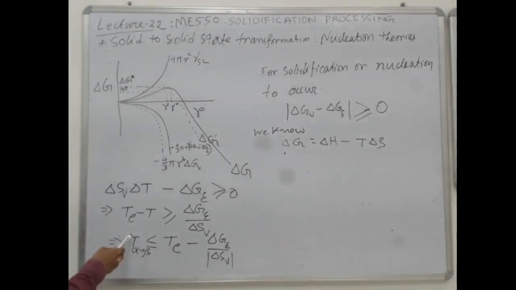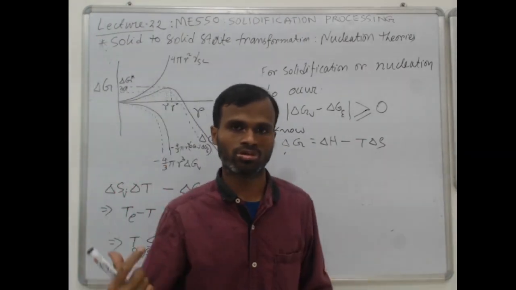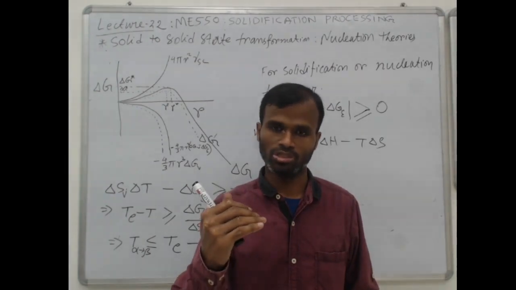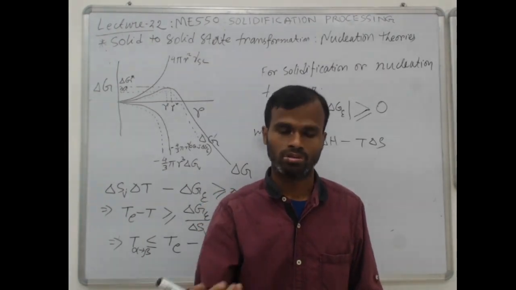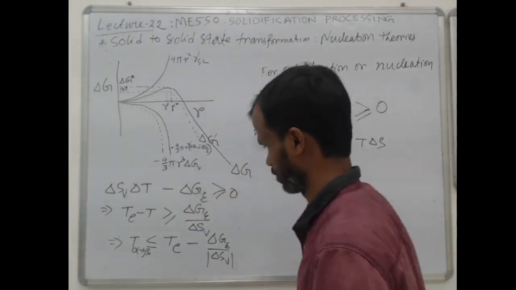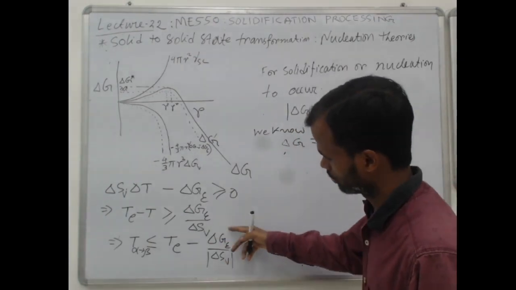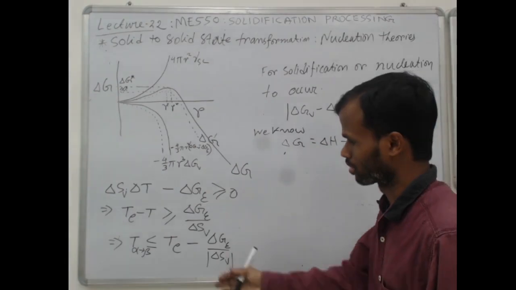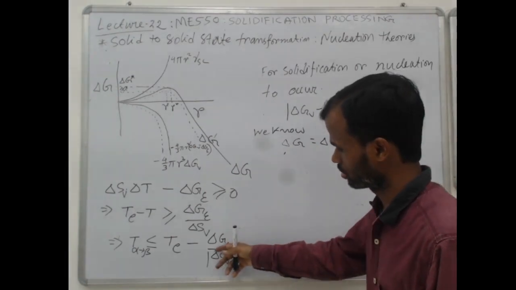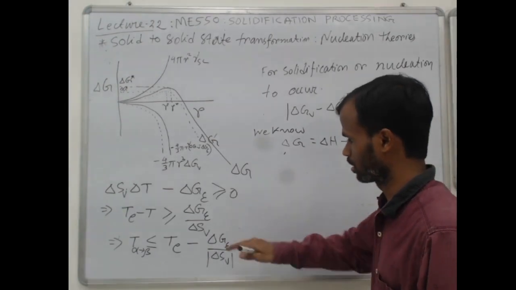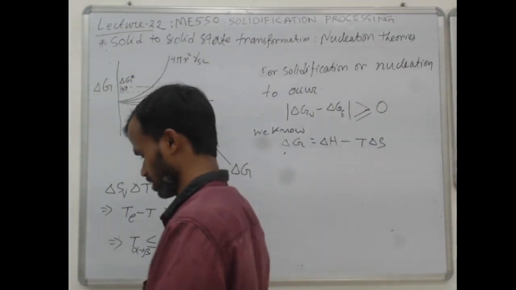So this equation clearly tells you why we need to provide undercooling for nucleation in the presence of this free energy term. You need to provide more undercooling in the presence of this elastic strain energy barrier.